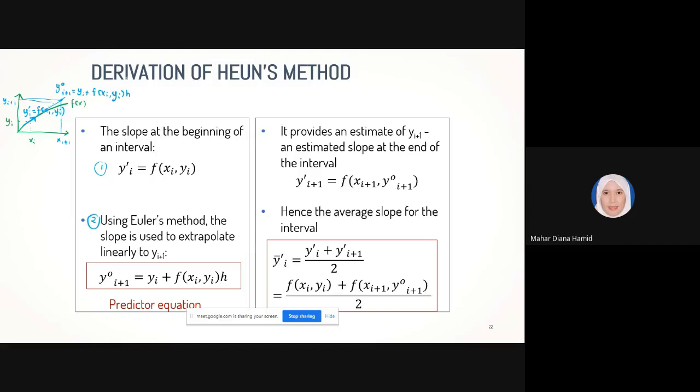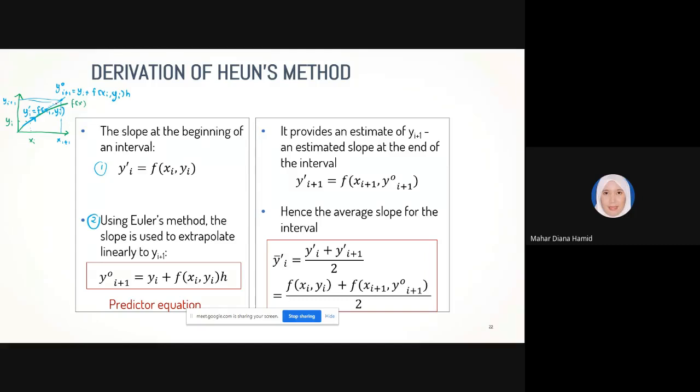And after we have obtained this value of y superscript naught i plus 1, we are going to use that value to estimate the slope at the end of the interval.